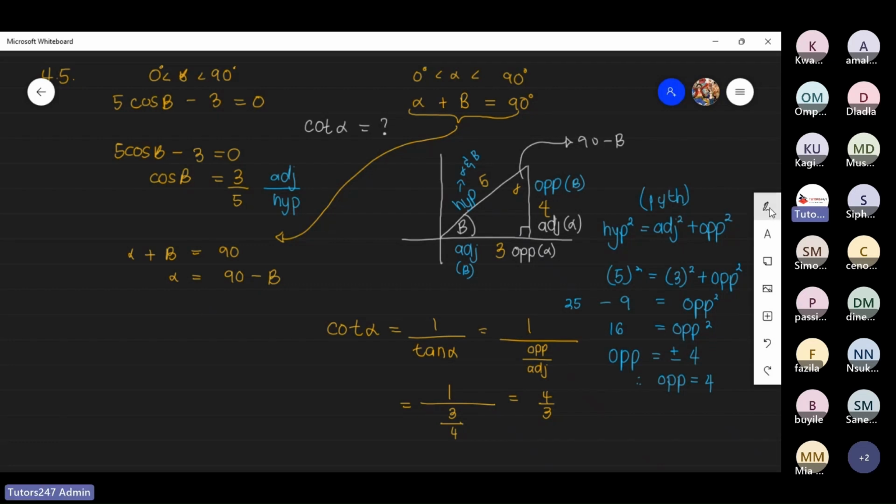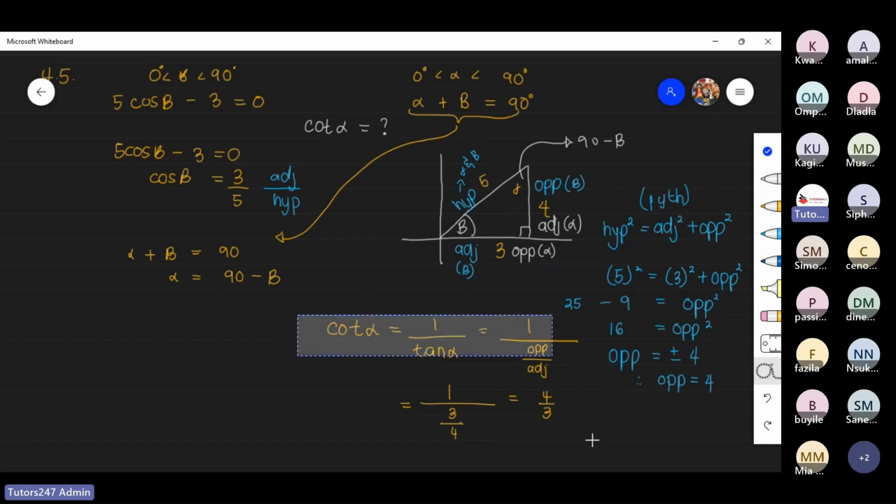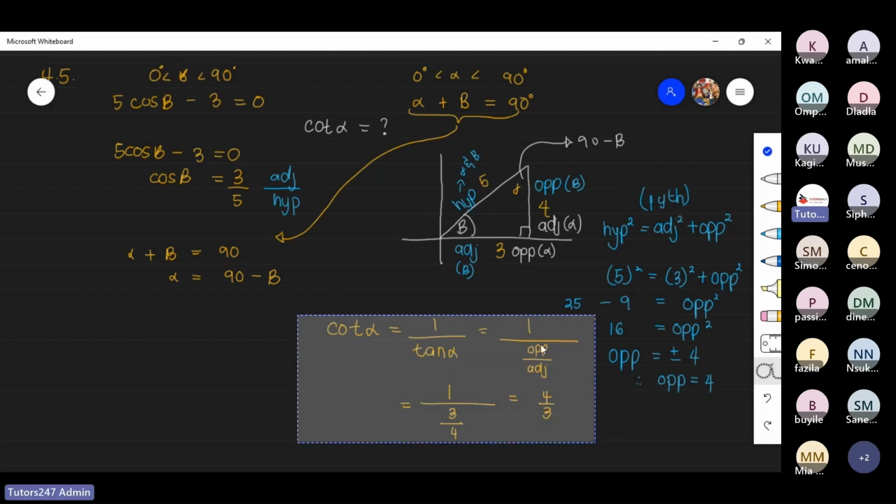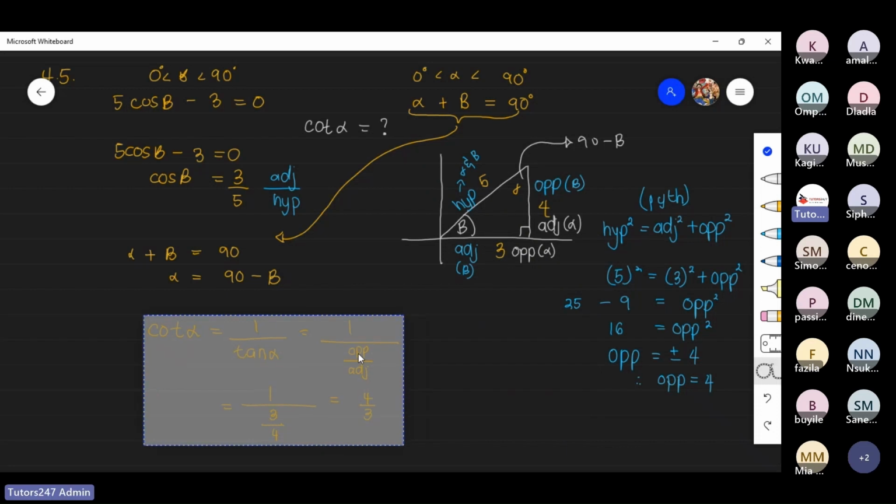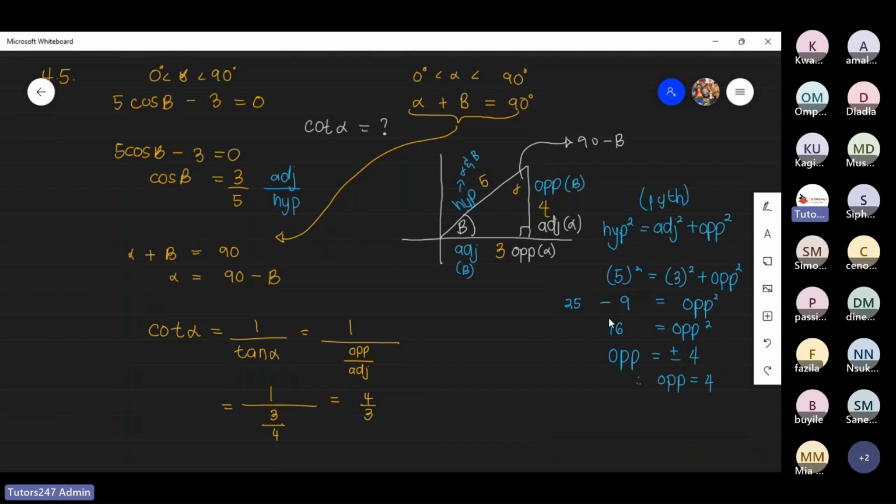So in order for us to figure that out, we needed to know that when we are dealing with a y value, when we are dealing with an opposite, if the height of our triangle is in the positive y area, we choose the positive value, meaning that if our triangle is in quadrant 1 and quadrant 2, we are going to use the positive y value. If our triangle is in quadrant 3 and quadrant 4, we are going to use the negative y value.